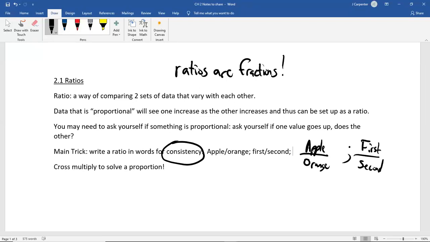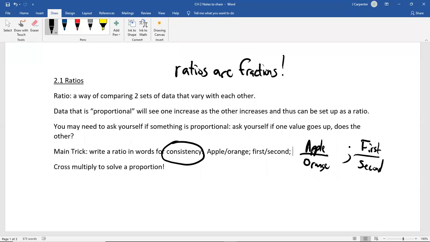So you're going to be setting up equations where it's a fraction equal to a fraction. A proportion is an equation where it's a fraction equal to a fraction. That's our first idea of a proportion. Yes, there's another way to write those out as equations. That's phase 2. We'll get there another day. For now, a proportion is a fraction equal to a fraction.